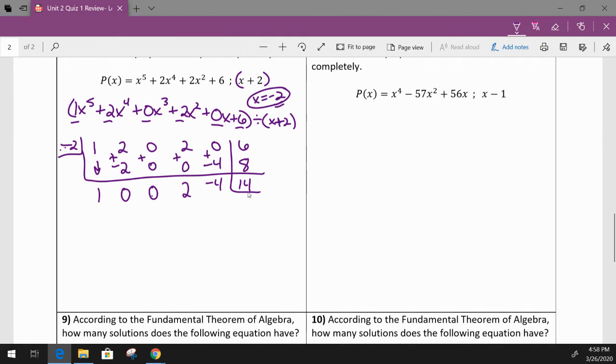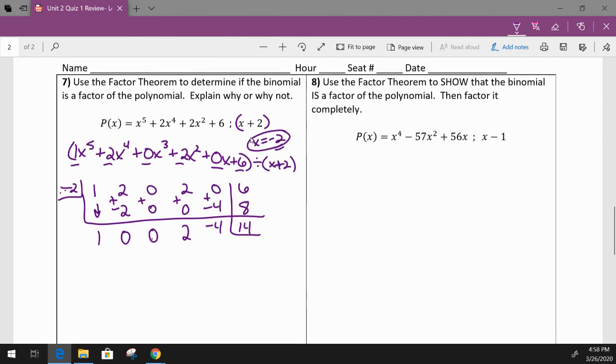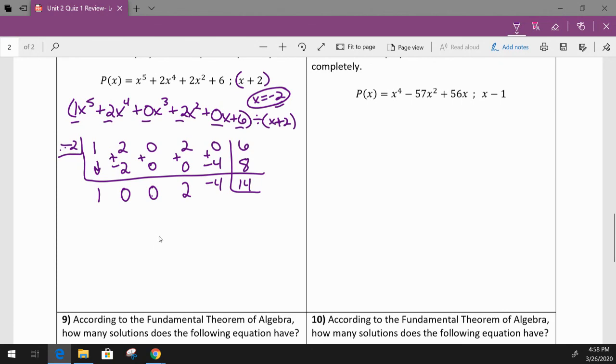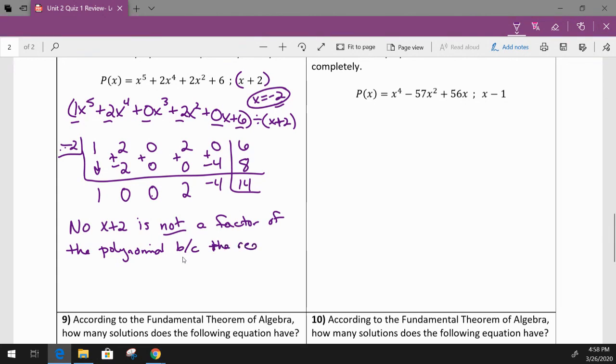So the remainder is not 0, which means that x plus 2, so to state your answer, you would say no, x plus 2 is not a factor of the polynomial because the remainder does not equal 0.